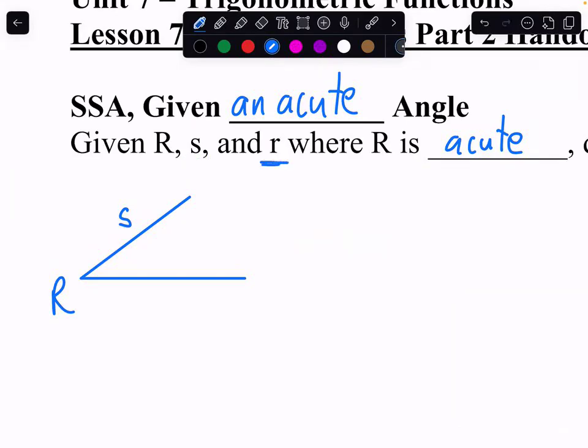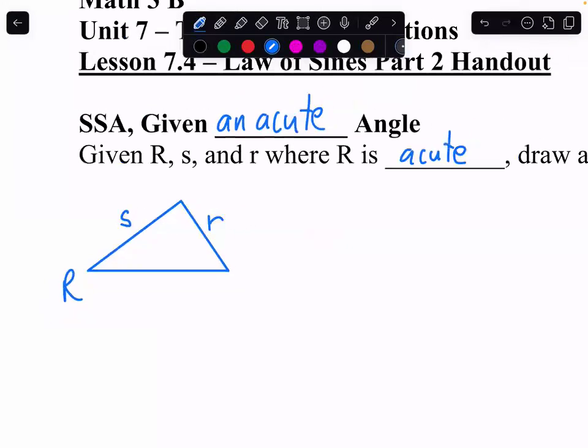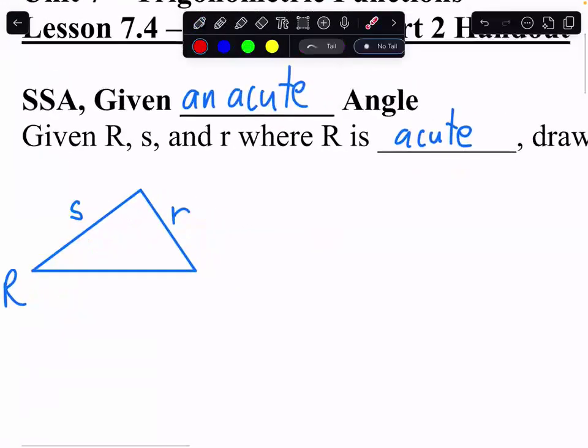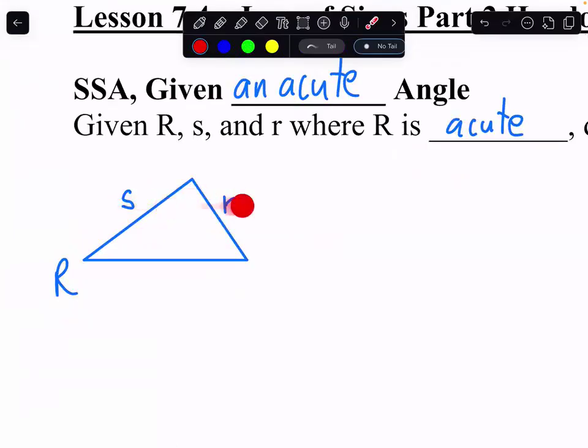And they also tell us lowercase r. So this one is not lowercase r, because remember, the same letter, capital and lowercase, are across from each other. So this side over here will have to be r. So right now we'll just draw it like this. So again, this is SSA. You're given two sides, but not the angle between them, an angle not between them.